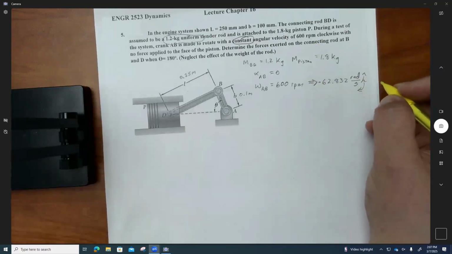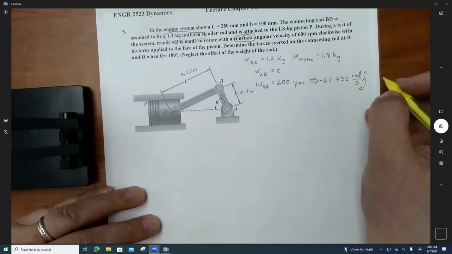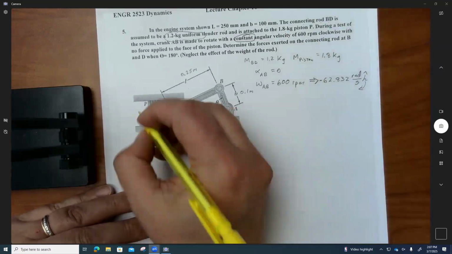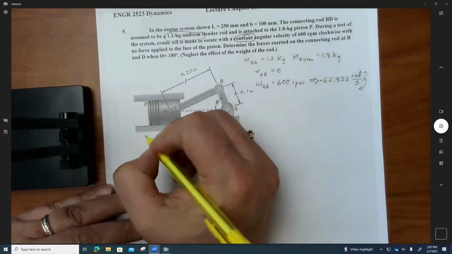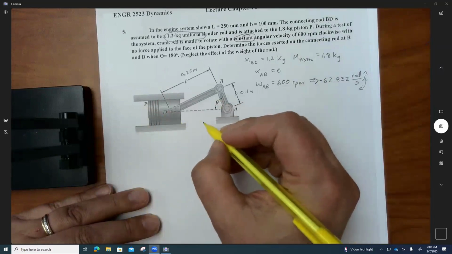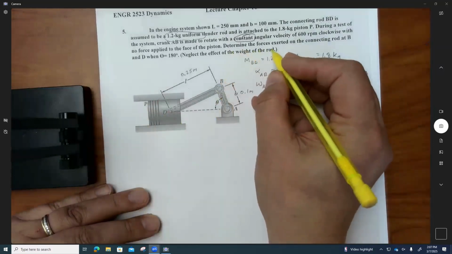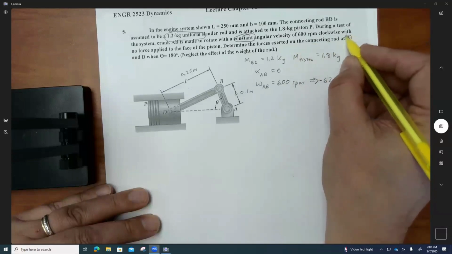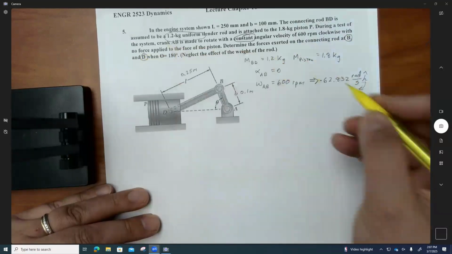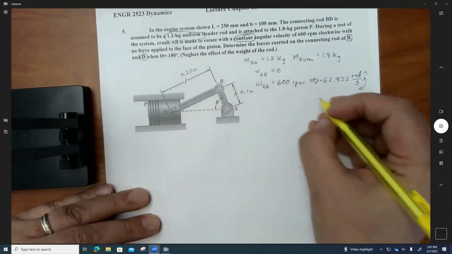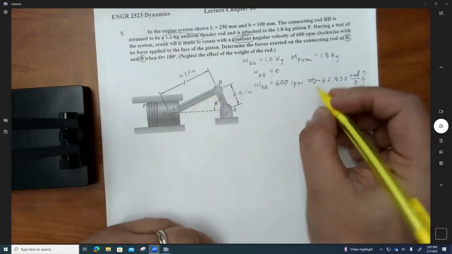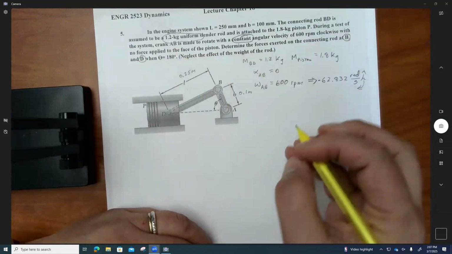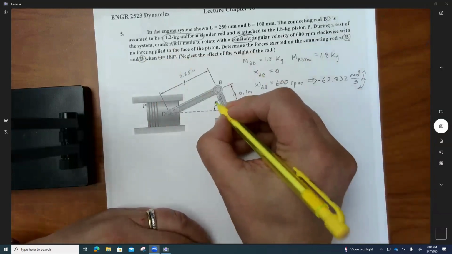With no force applied to the face of the piston, okay, we aren't applying any forces here. Determine the forces exerted on the connecting rod at B and at D. So I want to look at this connecting rod when theta is equal to 180. So here's theta.